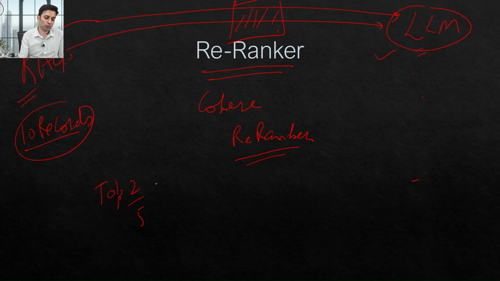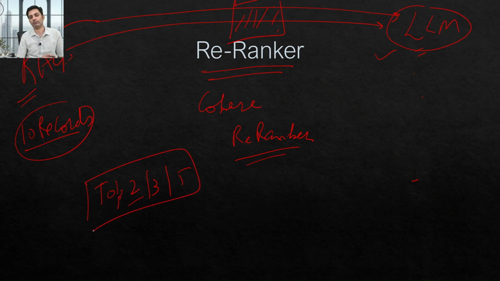So 2, 3, 5, that number you have to decide based on the use case, but this is one strategy for using a re-ranker. Give the data to the re-ranker, so you've given 10 records in, only 2 records come out, and only the top 2 records go to the large language model.